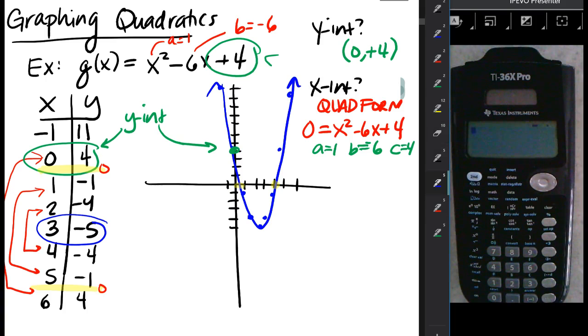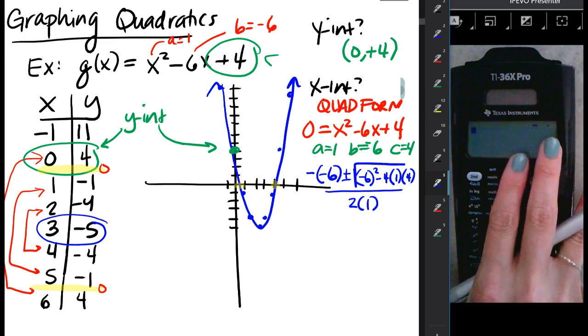So our quadratic formula, -b, so a -6, you can just write down +6, plus or minus the square root of -6 squared minus 4 times a times c, all over 2a. And this is, again, something you can do in your calculator.